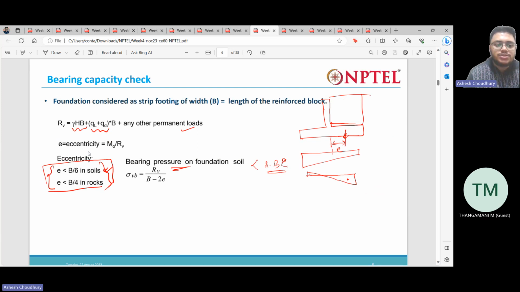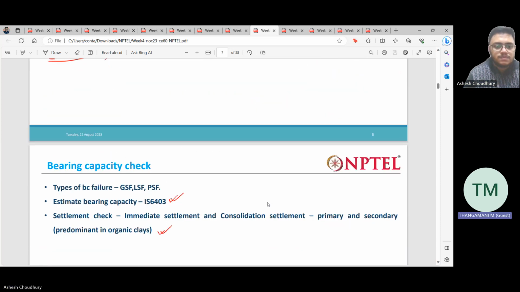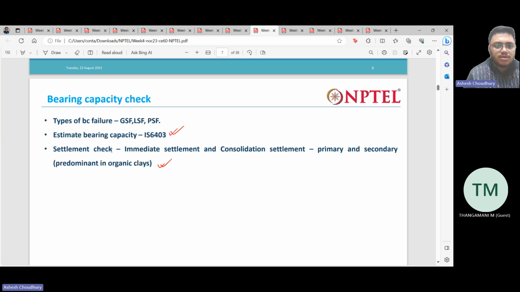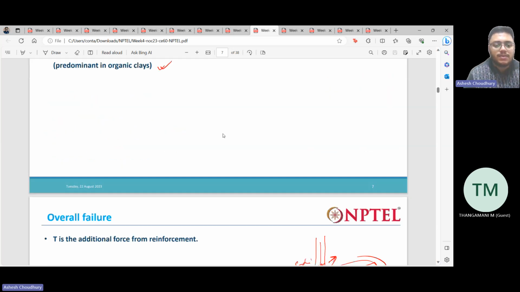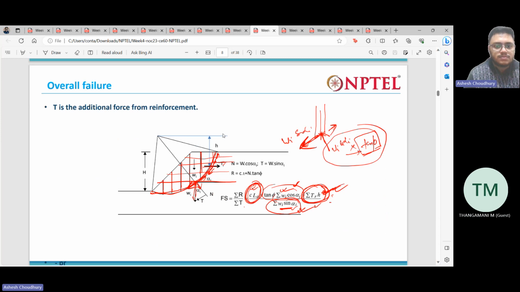You also need to ensure that the eccentricity is proper, because if the eccentricity is not in this range, then tensile forces will be generated at the base, and you know that soil cannot take tension. So we need to ensure that the eccentricity of the vertical loads or the vertical pressure is in this range. And then we discussed how to determine the bearing capacity, all these things.